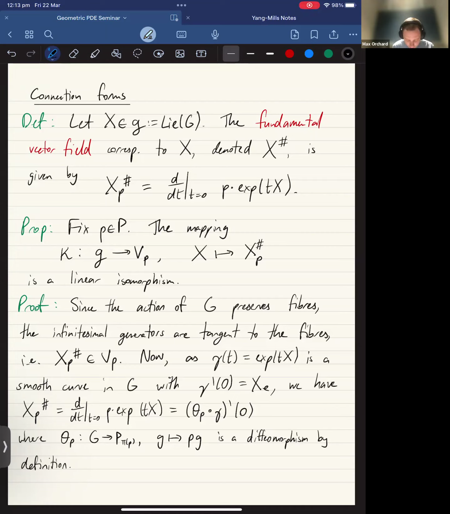Okay, and finally, we can rewrite this as, well, the differential of theta sub p evaluated at the identity of this guy, just by definition. So from this, it follows that the mapping kappa is linear because we can rewrite it in terms of this derivative, this differential.